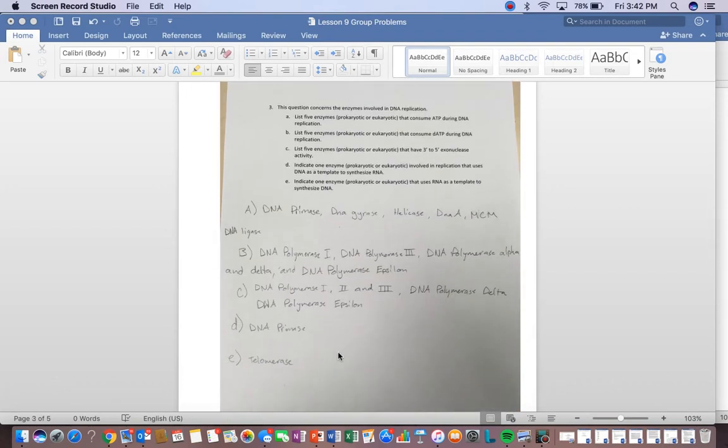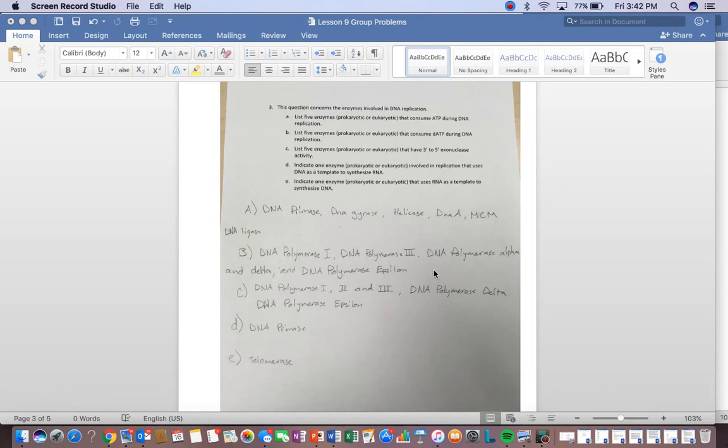Alright, so for number 3, it asks us to list 5 enzymes that consume ATP during DNA replication. These include DNA primase, DNA gyrase, helicase, DNA A, MCM, and DNA ligase.